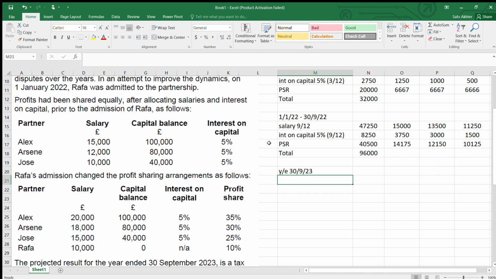Here also you will have salary, no need to take 9 months. For the year end 30th September 2023, you will have full salary, interest on capital, and PSR. What would be the salary? 20, 18, 15, 10. We'll take it.